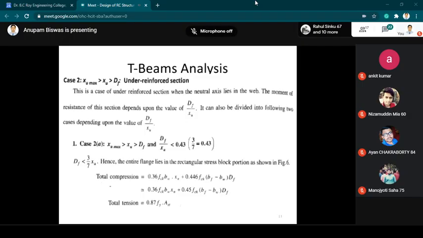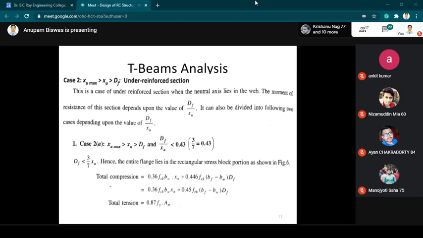Fine, no problem here, I hope. Now for the moment of resistance, we have to multiply with the lever arms d minus 0.42 Xu and d minus Df by 2.